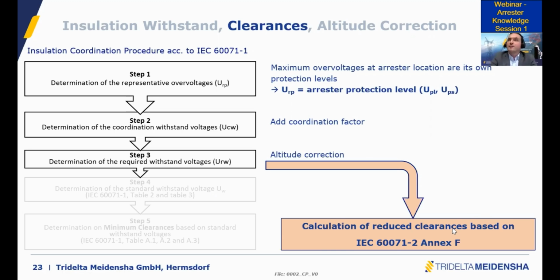Correct me if I'm wrong, Philip, but not everybody is reading the annex. So it's important to have a closer look at Annex F, because there is actually a potential to make your system more compact and the clearances shorter if you're facing some physical constraints.